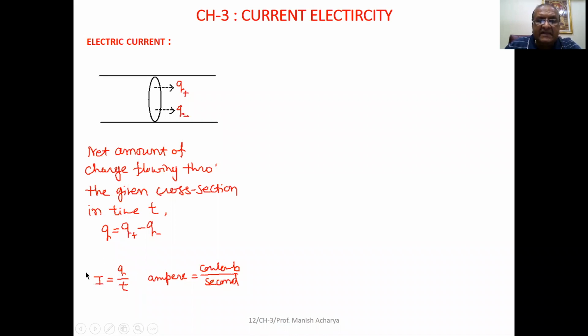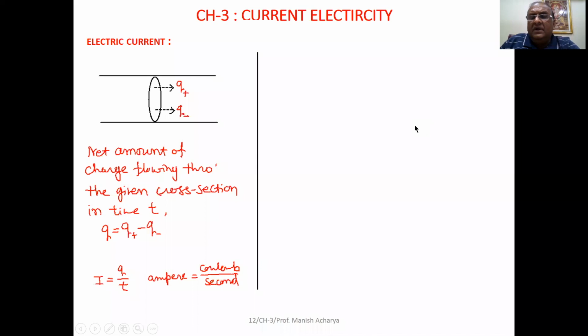So electric current I is nothing but the net amount of charge flowing through any cross section of the conductor per unit time. The SI unit of current is ampere, and from this equation we can write ampere equal to coulomb per second. Clear to all of you?